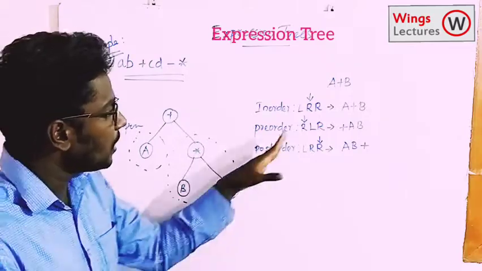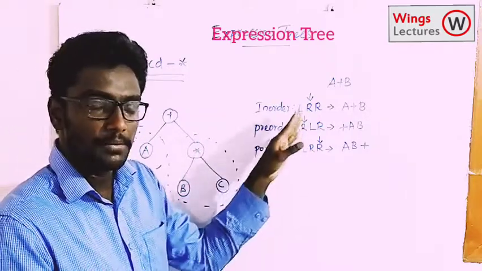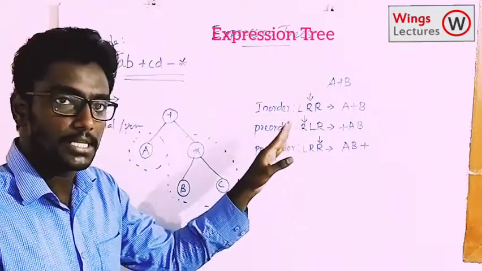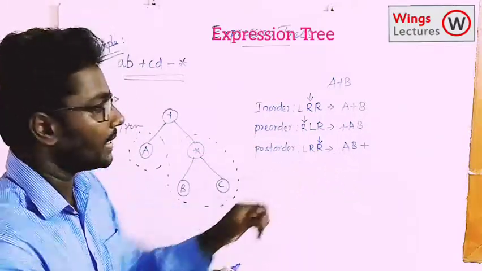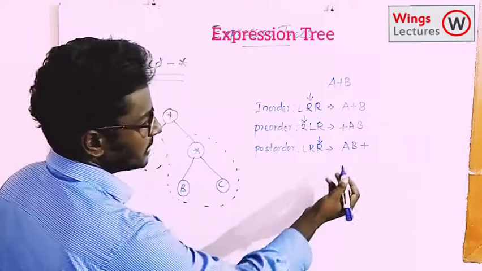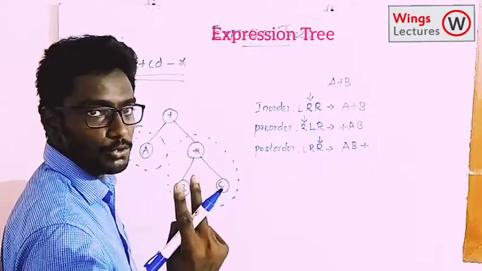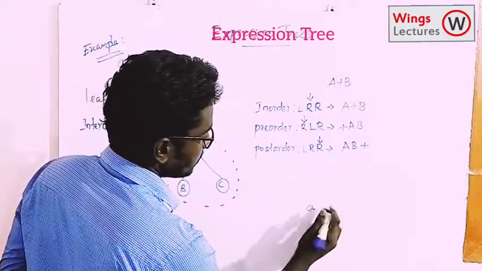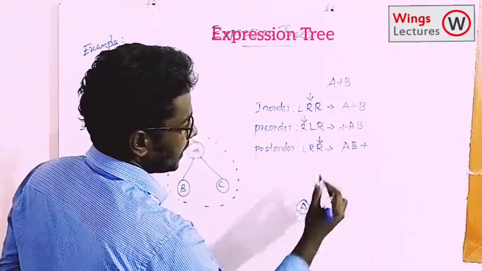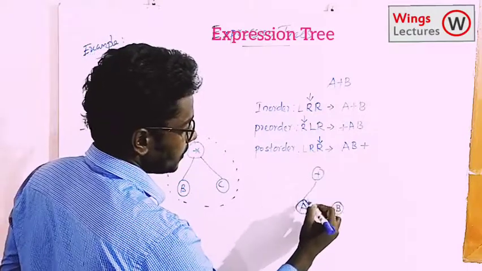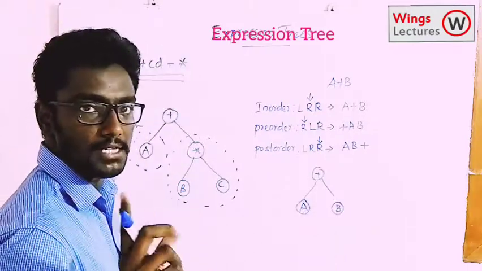I hope you understood how to convert the expression by using the traversal methods. Now I am going to create the tree, because it's very simple, right? Directly I can apply the tree like this: A, B, we have only two nodes. A is going to be a leaf and B is going to be a leaf, and plus is going to be the root, because we have only two operands and one operator.